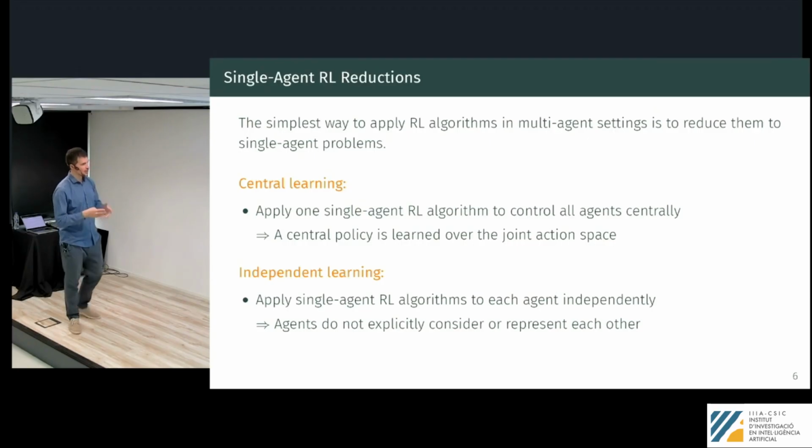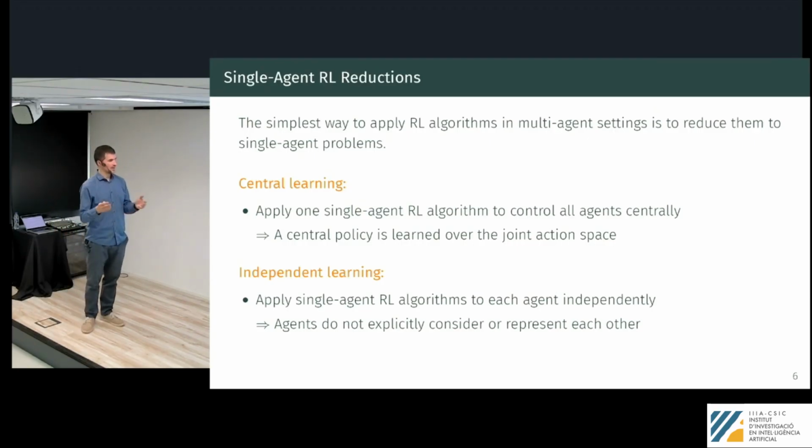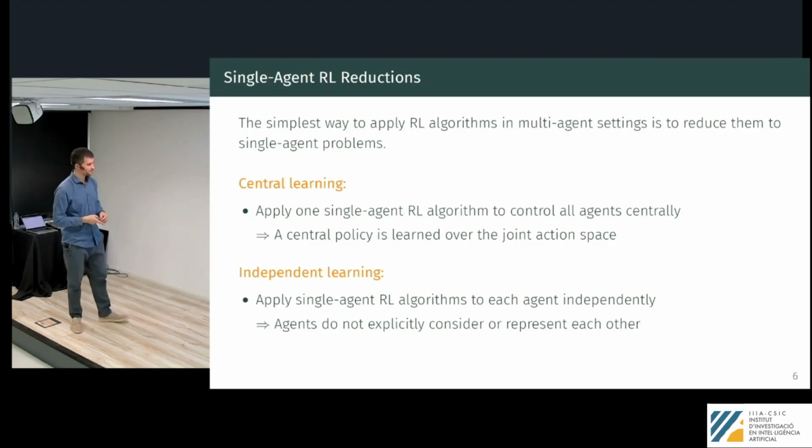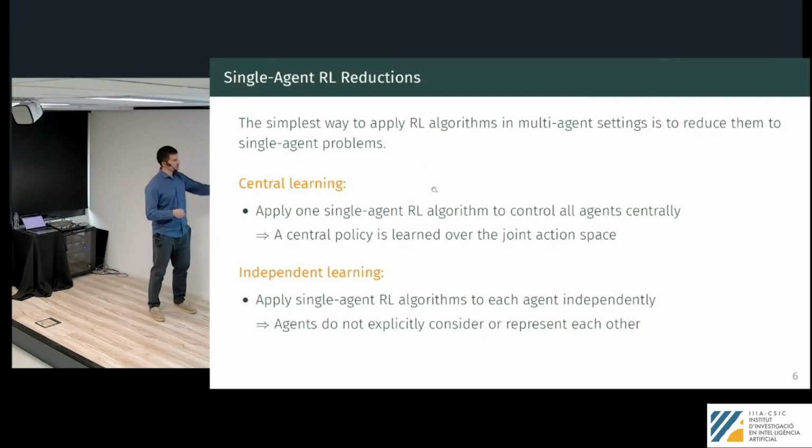There's no explicit representation of the fact that there are joint actions or that there even are other agents. And so the reduction is from a multi-agent problem into n single-agent problems, where n is the number of agents. Just in summary, in centralized learning, the reduction is to one single-agent RL problem. In the independent learning case, the reduction is to n single-agent RL problems, where n is the number of agents.